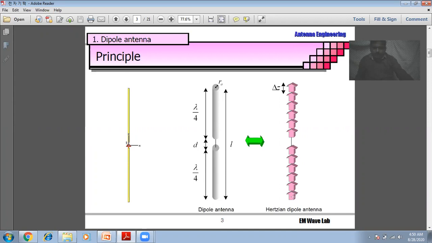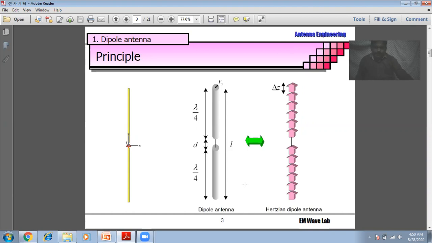This is one dipole, this is one more dipole, this is one more dipole, and all these dipoles are connected end to end. When these very small current elements are connected end to end, automatically we get a dipole antenna like this.